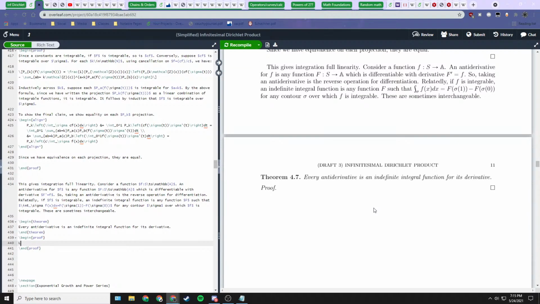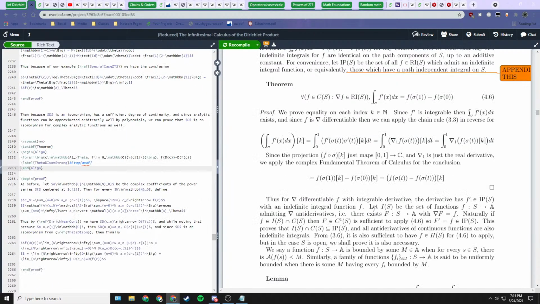Okay, so the proof. Let f and capital F be such that capital F prime is lowercase f, and take any contour sigma over which f is integrable.